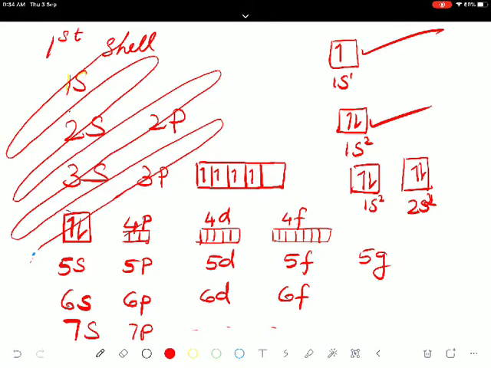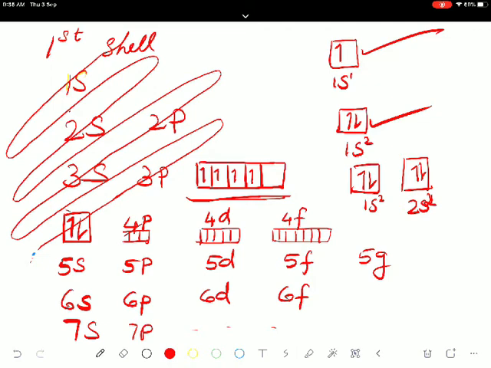For chromium, don't write 4 like that. To get a half filled stability, completely filled means 5 orbitals means 10 electrons. Half filled means 5 electrons. So one of this 4s electron will be taken here.